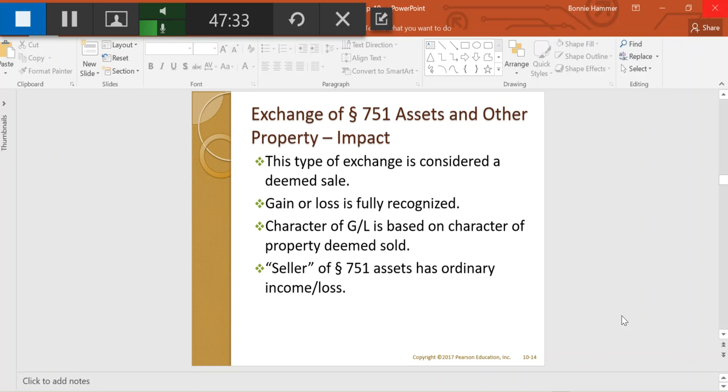The character of the gain or loss is based on the character of the property that's deemed sold to the partner or to the partnership, depending on which way it's going, and you'll see this in the problem. And the seller, and they put that in quotes because, again, it's a deemed sale, the seller of the 751 assets has ordinary income or loss, okay?